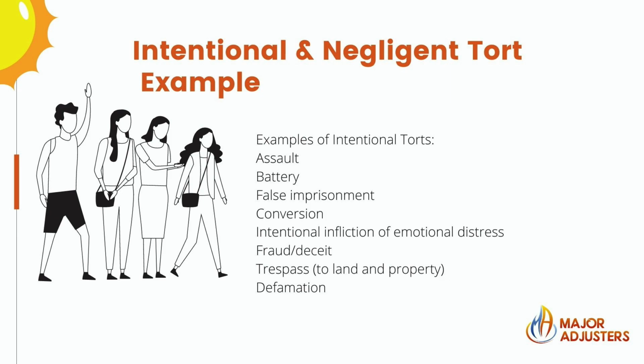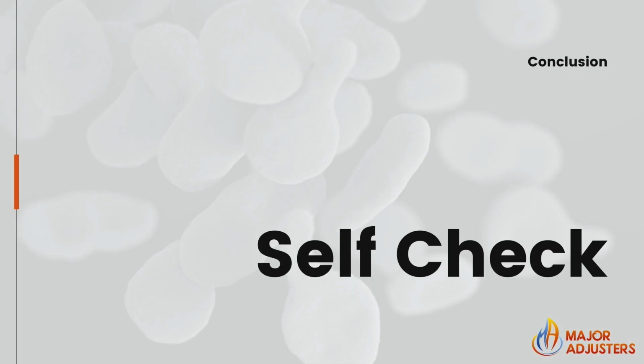It's not an accident of just forgetting or not looking. This is intentional. False imprisonment, so you held somebody against their will. Conversion, intentional infliction of emotional distress, fraud/deceit, trespass, and defamation of land or property.